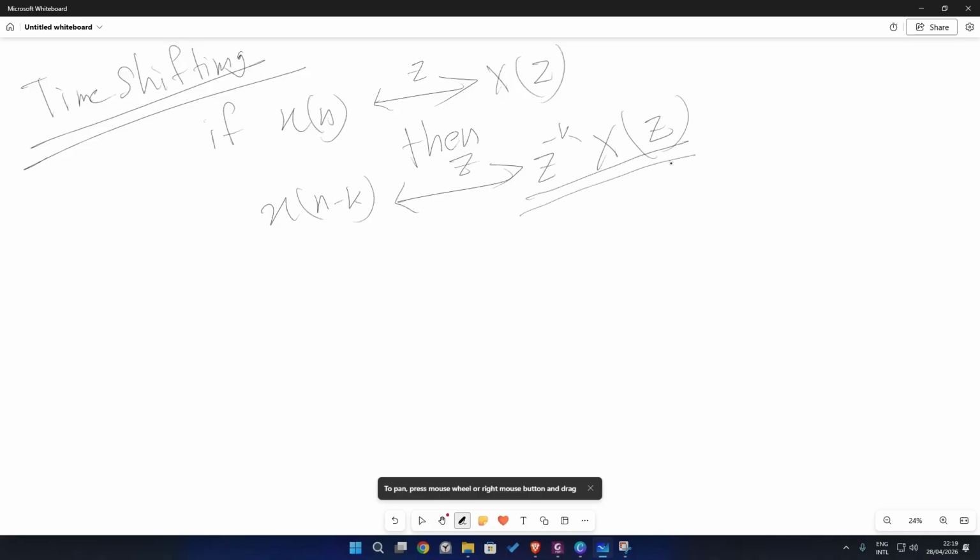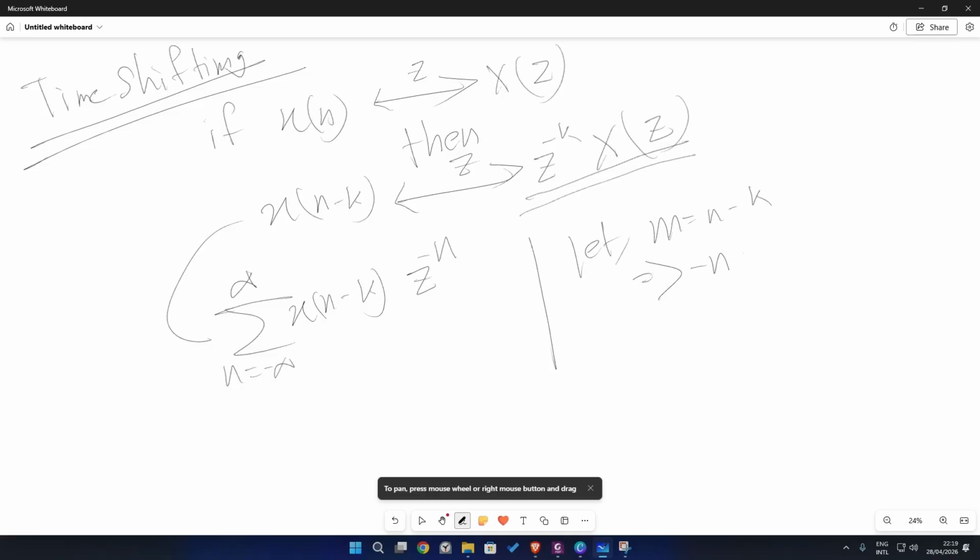How have we got this term? Let's derive it. If we simply z transform it, summation n equal to minus infinity to infinity x of n minus k z to the power minus n. Let us consider m equal to n minus k. Then minus n will be minus m minus k.